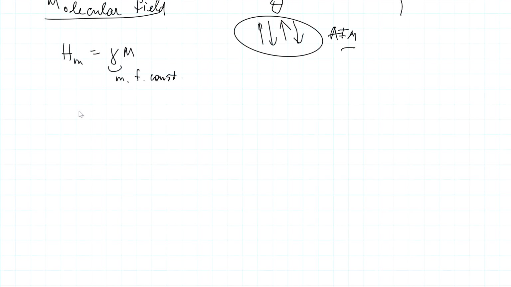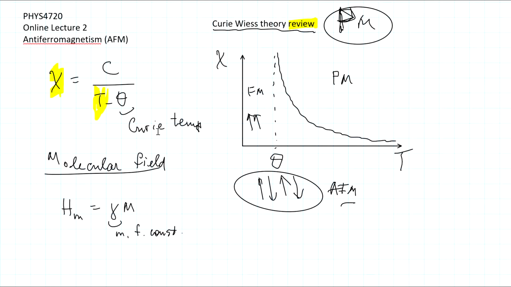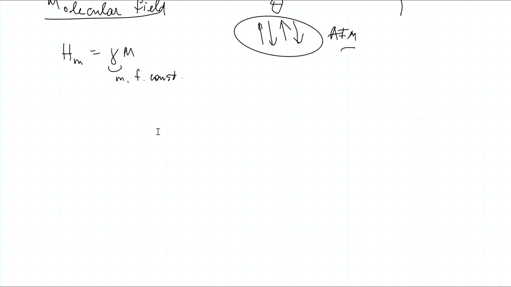So we can write that if we invert it, we will see that C, the Curie constant, over susceptibility. No, it's not right. Okay, let me go back. So what is it that we have here? Yes, that's right. Curie constant over susceptibility would be equal to T minus theta.